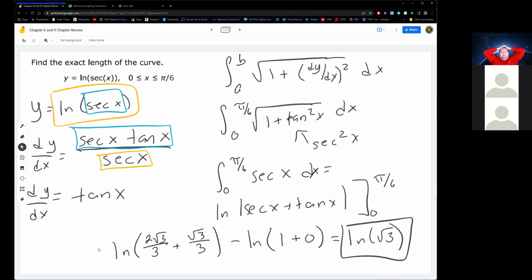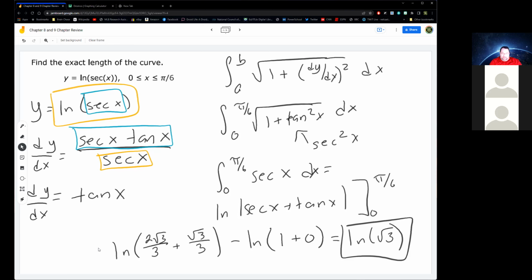Because you end up getting 2 over the square root of 3, which you rationalize. It's then hypotenuse over adjacent.